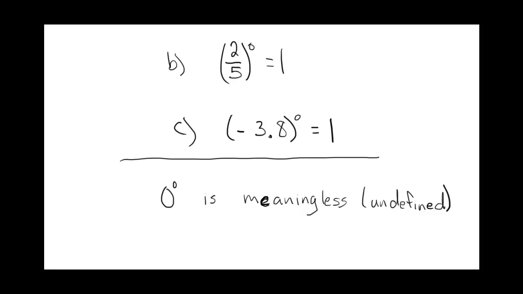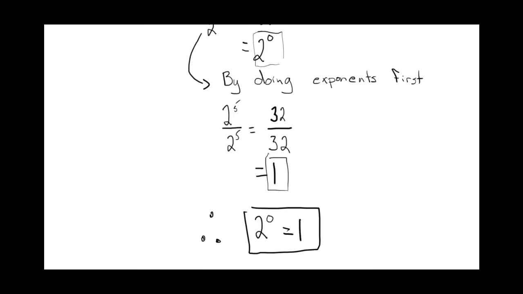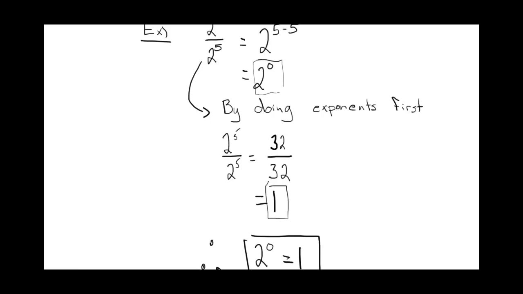If you want an explanation, remember how we got this rule using the exponent law. If you said 0 to the power of 5 over 0 to the power of 5, that doesn't make any sense, because 0 to the power of 5 is 0, so that's 0 over 0, which is undefined.